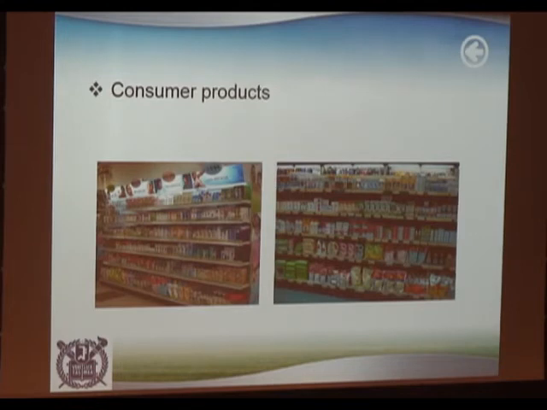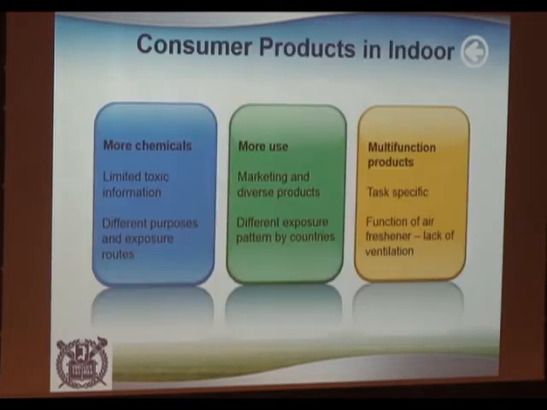And consumer products include chemicals that sometimes we know what they are, sometimes we don't. So I think consumer products are very important for the indoor environment because they use more chemicals. Sometimes we don't know the toxic information, okay? And they're developing new products with different purposes, and we can actually be exposed through a different route. And of course, they are making more because we are using more.